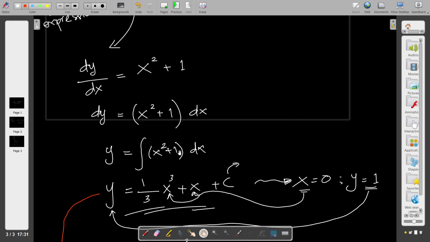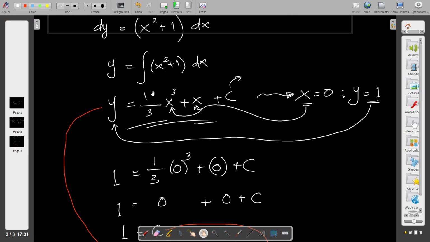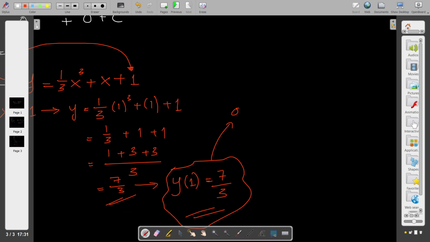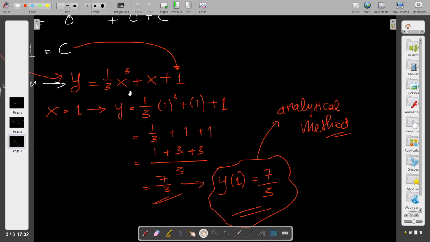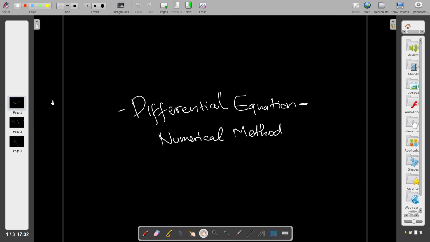We found the value of y1, but we used a very long calculation from this to this, and we put integration here. So this is just an analytical method, and in this session I would like to show you how to find the solution of this differential equation by using a numerical method.